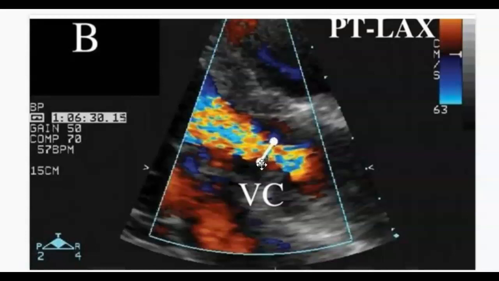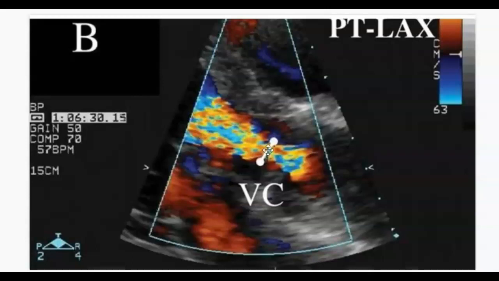And this here is measuring what's called the vena contracta. So as soon as the blood leaks back through the valve, the narrowest part of the jet, you can see this blood here is aliasing like crazy through here, and the machine really can't give it a red or blue color, so it just goes into the cyan color.